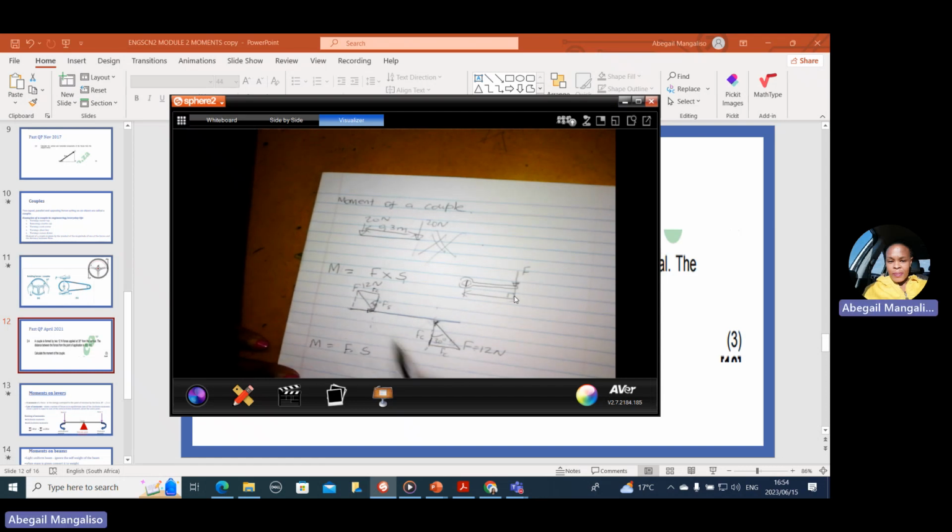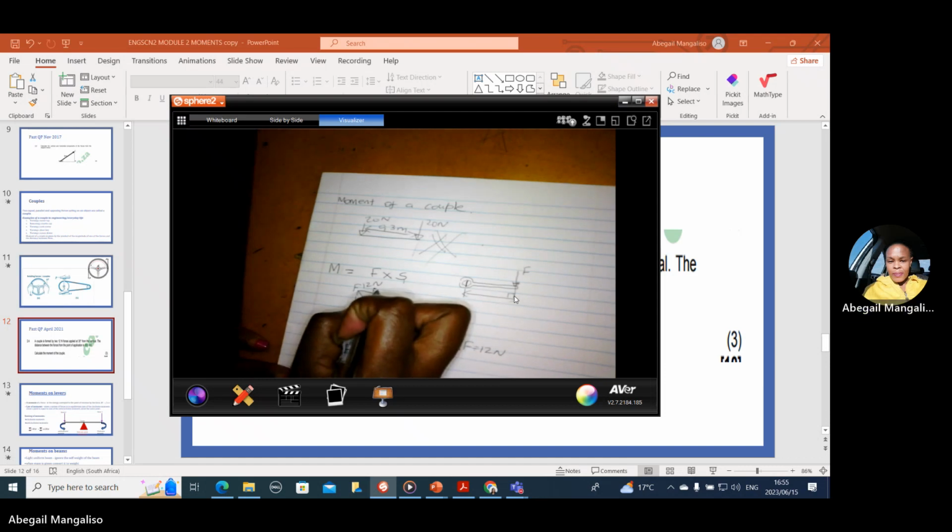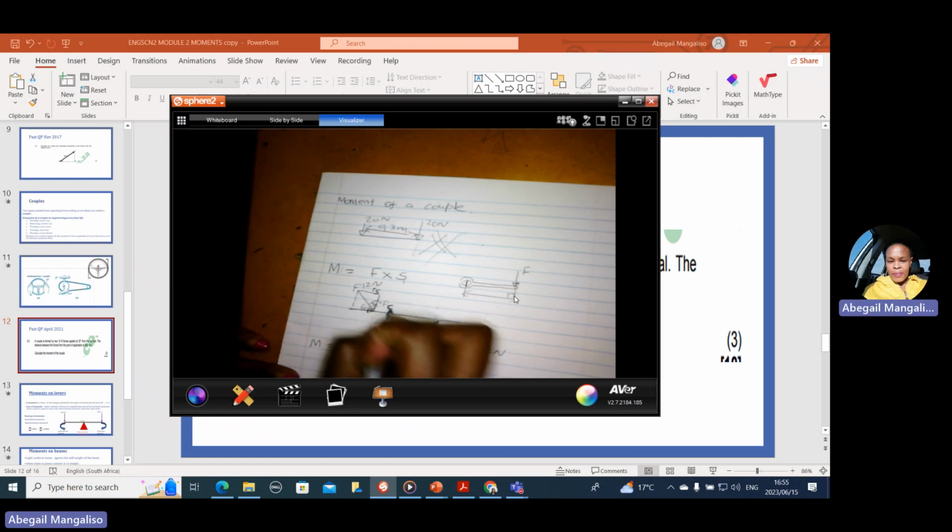But if we close it this side, we're going back to where FC is taking cos. This angle is 30, this one will be 60 degrees. This will be opposite, so it's FS, and this will be adjacent, so it will be FC.